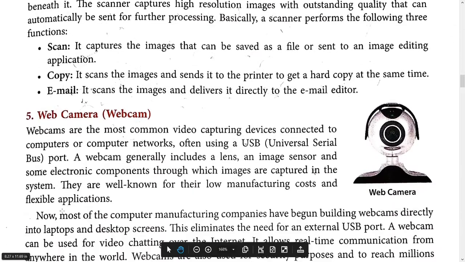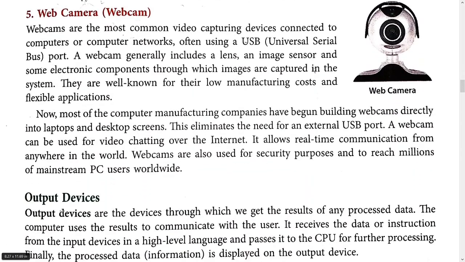Then come to web camera or webcam. Webcams are the most common video capturing devices connected to computers or computer networks, often using a USB port.